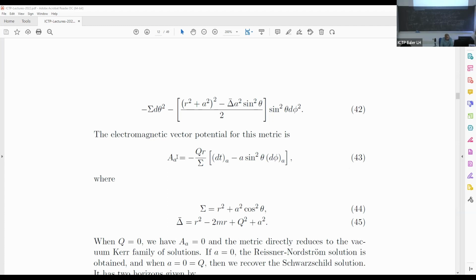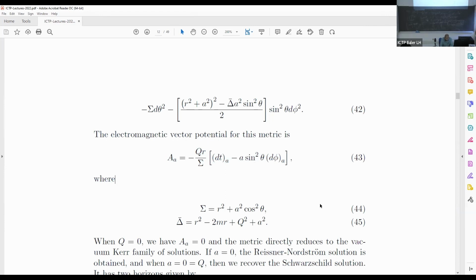This is the electromagnetic vector potential with only one index over here. This gives us the charge for this body. We discussed two solutions that have charge, Reissner-Nordström and Kerr-Newman. In both cases, we will have this electromagnetic vector potential.